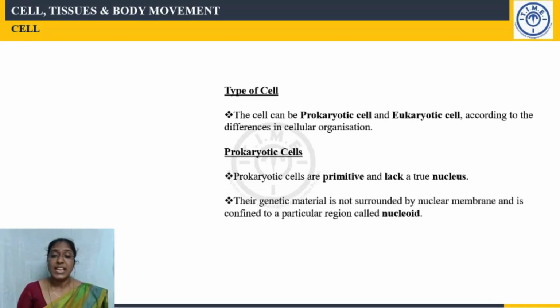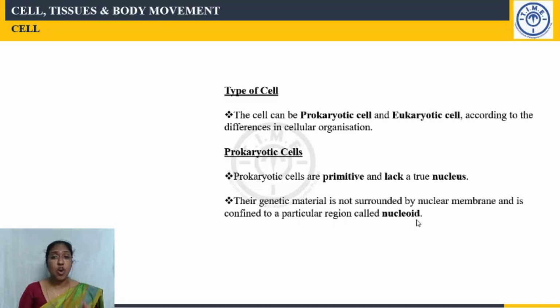So that is the difference between a prokaryotic cell and a eukaryotic cell. Eukaryotic cells have a true nucleus, and prokaryotic cells lack a true nucleus. Then another difference is their genetic material is not surrounded by a nuclear membrane, and it is confined to a region called the nucleoid.